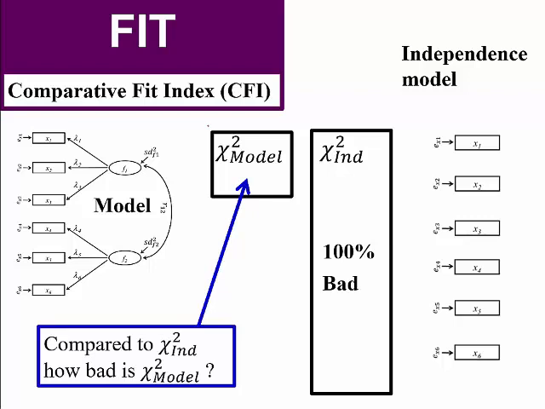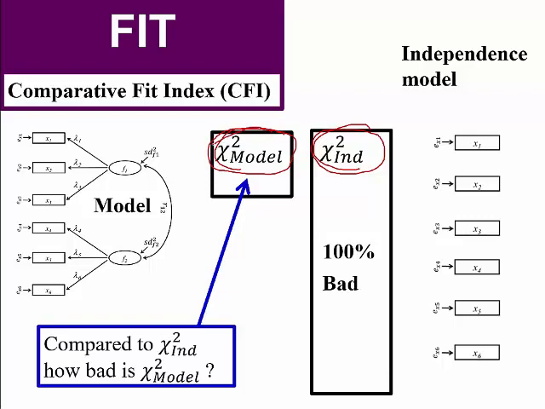To do that, I'm simply going to calculate the chi-square value for my model, and then calculate the chi-square value for this independence model, and compare these two chi-squares. Note that if I was doing an analysis with orthogonal or discrete items, I might use my adjusted chi-square for this test.